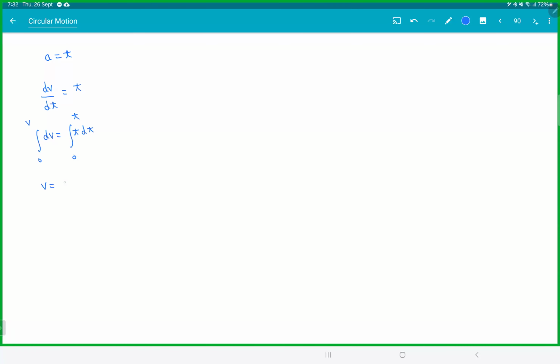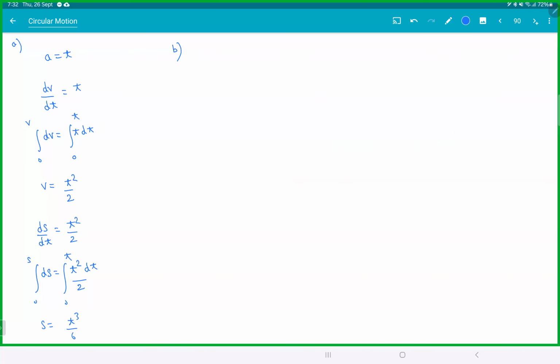So you end up with v is equal to t square by 2. For distance traveled, again integrate ds by dt, s is the tangential distance, which is t square by 2. So ds will be t square dt by 2, integral 0 to s, 0 to t. So s will be t cube by 6. That was your first part.